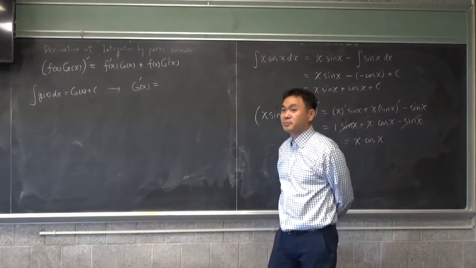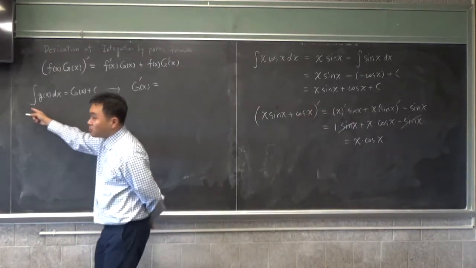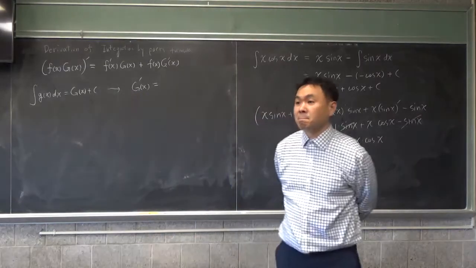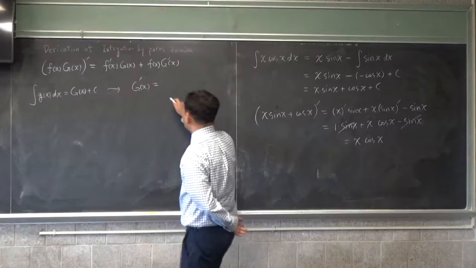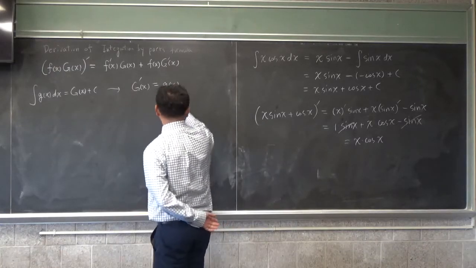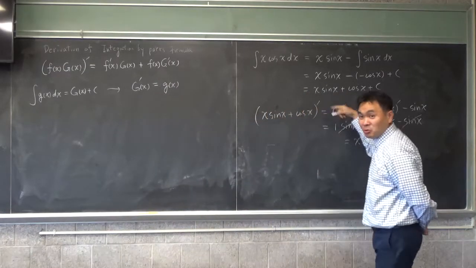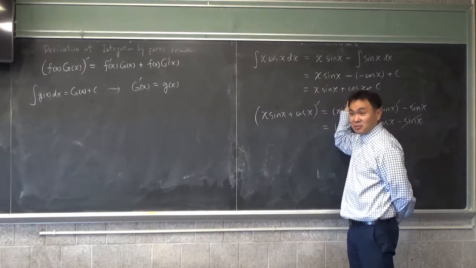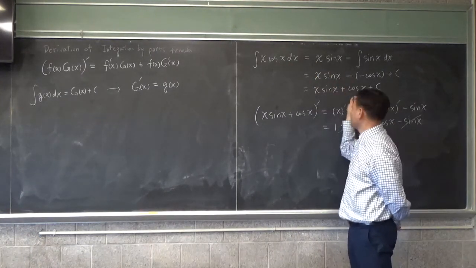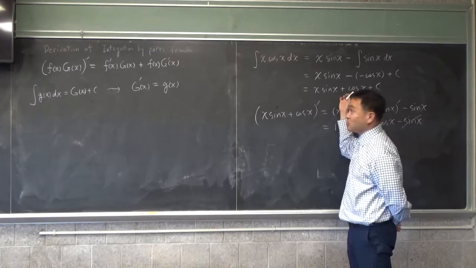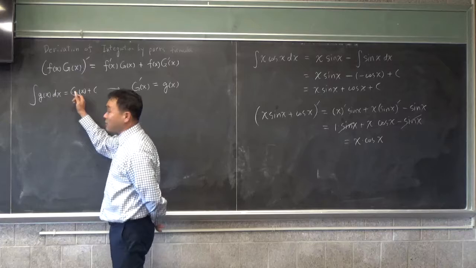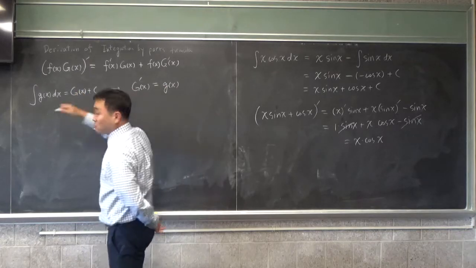Small g. Yeah, because that's how we have been doing all the time, right? If I have some integral, how do you know that that's the answer? You just check that if you differentiate it, you get the original integrand.